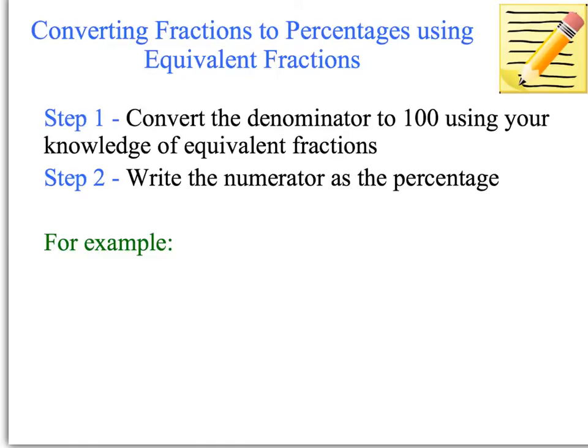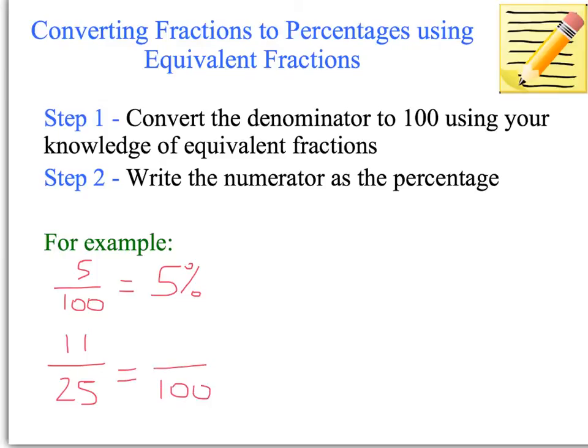This is pretty easy. This fraction we know, 5 over 100. Well, that's already 5%. It's 5 out of 100, 5%, because percent means out of 100. Now if we had something that wasn't out of 100, we would have to convert it to hundredths.